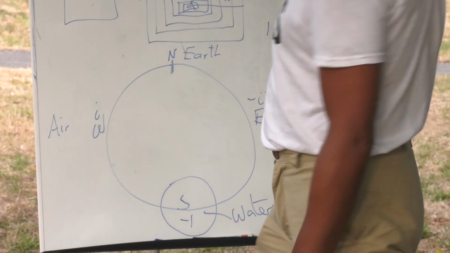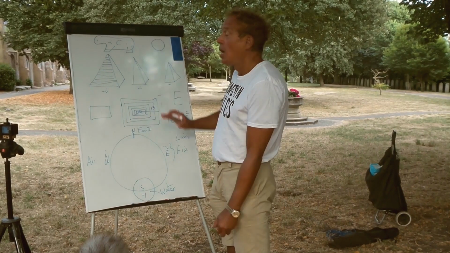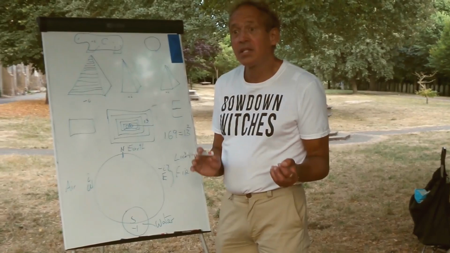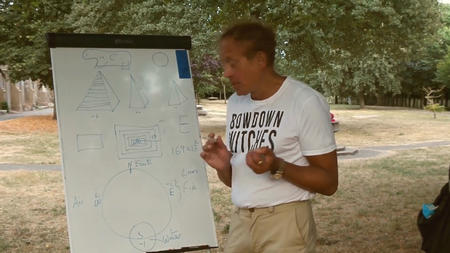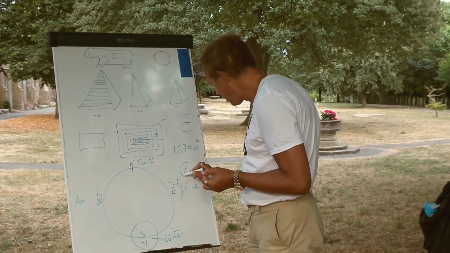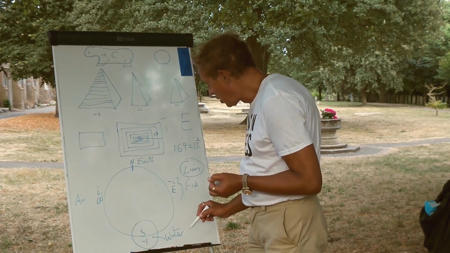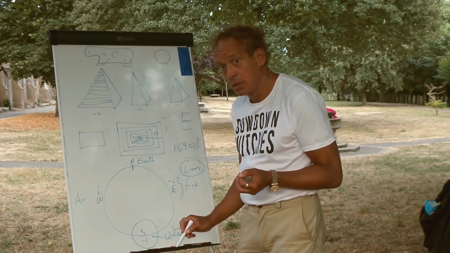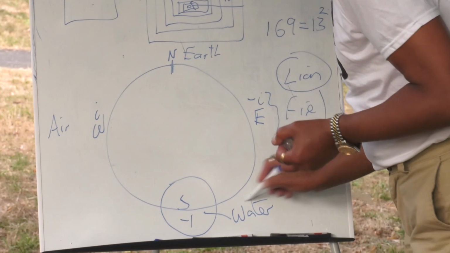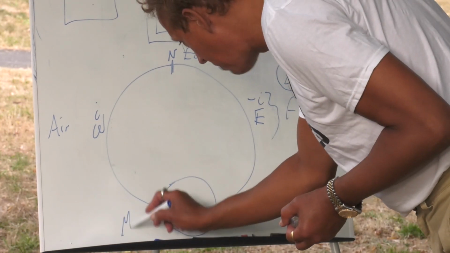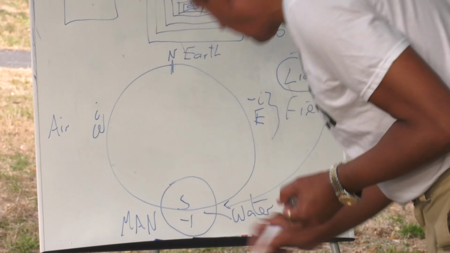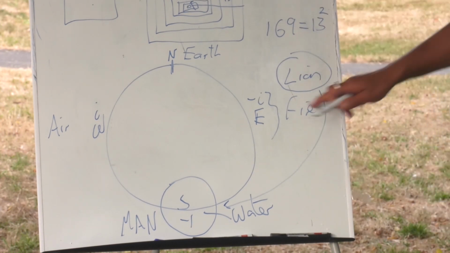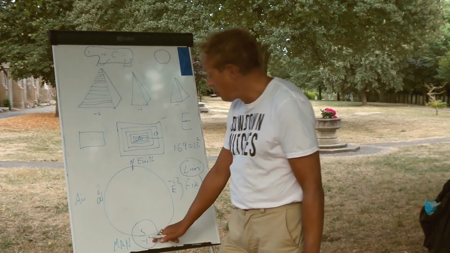So you see this Sphinx with the lion and the man is a generator going from the lion to man, because the animal for this is man. So this generator moves us from -i to -1.